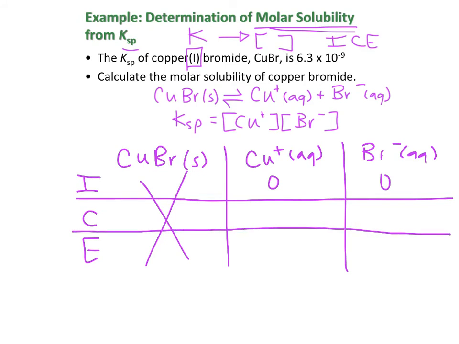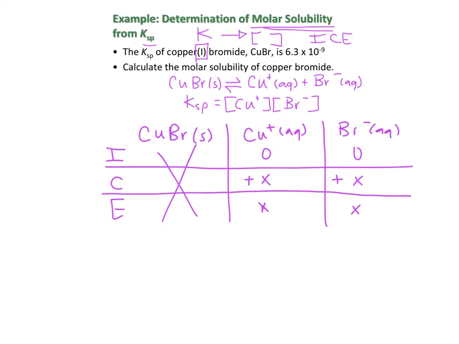And the overall change for both of these will be positive because these are increasing while the solid is what's decreasing, but we don't look at the solid, so it doesn't matter. But overall it's positive, and it's happening with a change of x. We don't know that change, and we don't know the equilibrium concentration just yet. So this overall is just going to be x. So these are pretty simple ice tables, nothing too crazy.